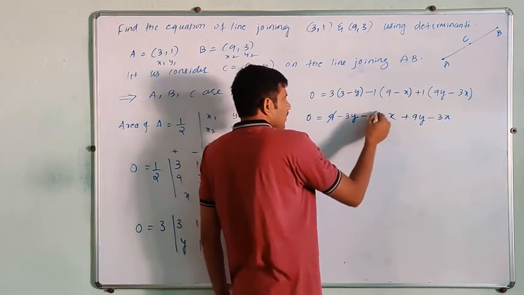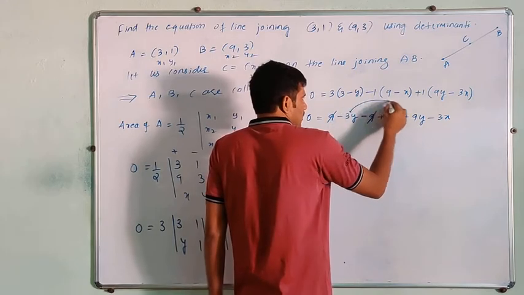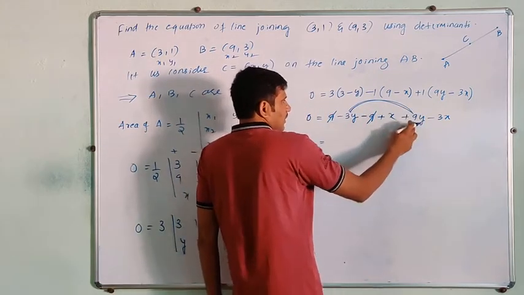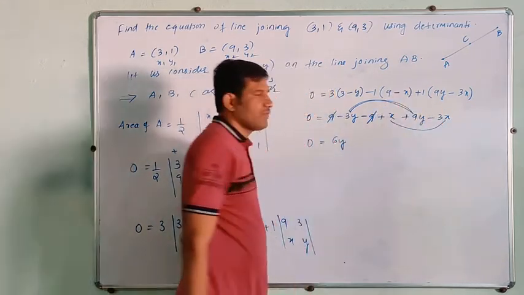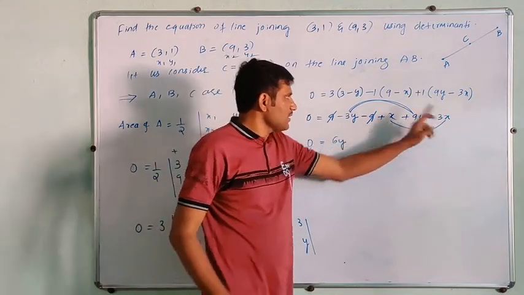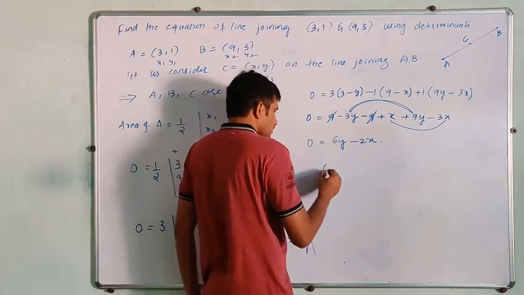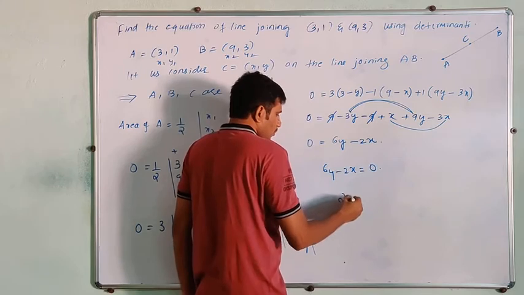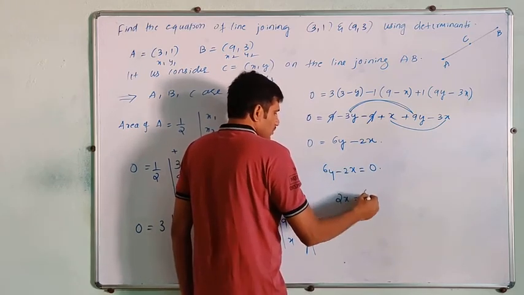Now plus 9 minus 9 will get cancelled. Minus 3y plus 9y is 6y, and x minus 3x is minus 2x. Therefore 6y minus 2x is equal to 0, or 2x is equal to 6y.